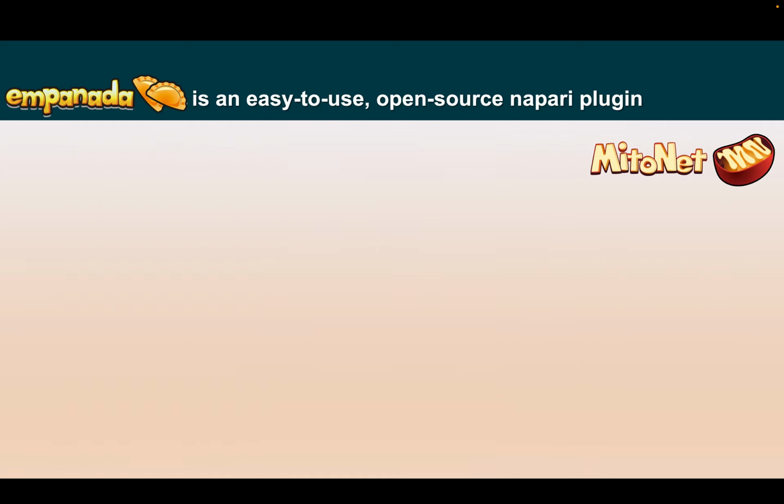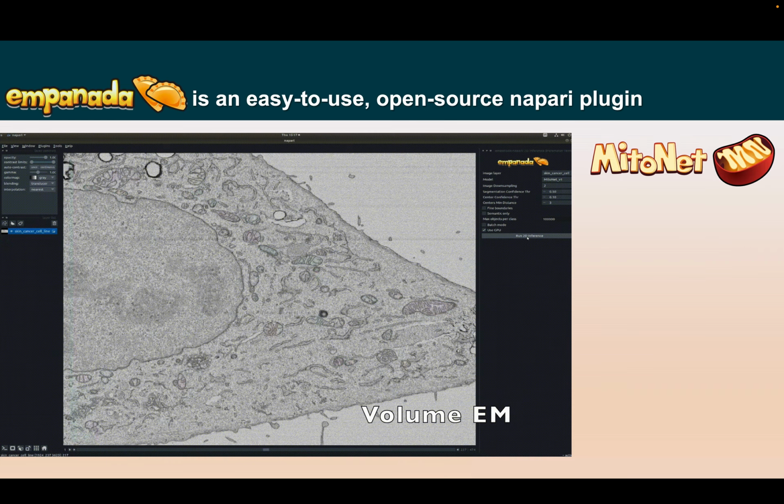So MitoNet is the name of our model, but the Napari plugin, which allows users to use it very easily, is called empanada. So empanada is available on Napari. And the way you can use it is quite simple.